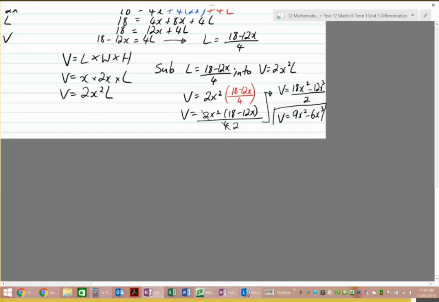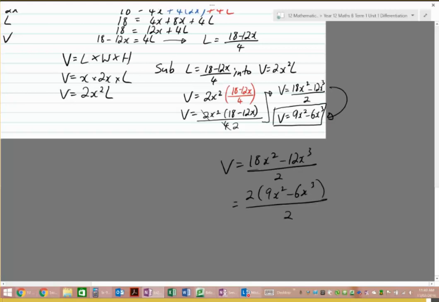And that's the function that I'll then be able to differentiate pretty easily. If you don't really know what happened in these two steps, maybe you'd be more comfortable taking out a common factor of 2 on the top line. So 9x squared minus 6x cubed on 2. And then you can cancel those two and we'll still get that same result. Okay, whatever works for you.